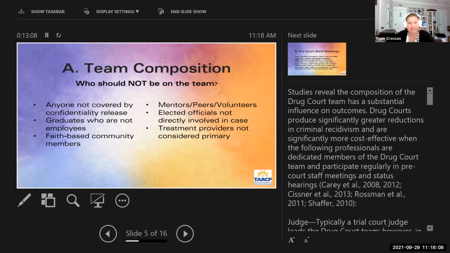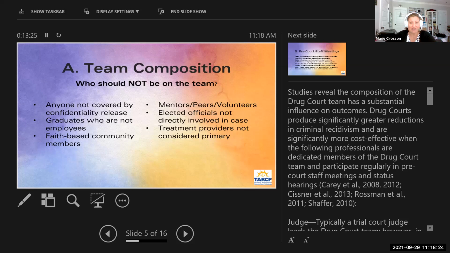Mentors, peers, and volunteers, again, they play a great role. Veterans treatment courts have mentors, and they are a vital component of a mentor court. They should not be on the team that's going into staffing, okay?